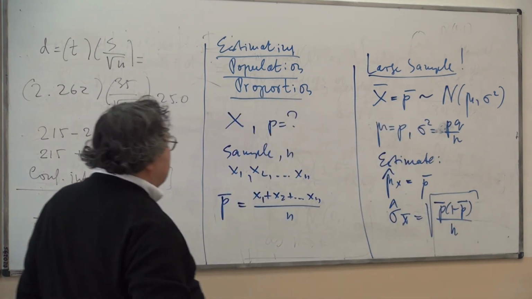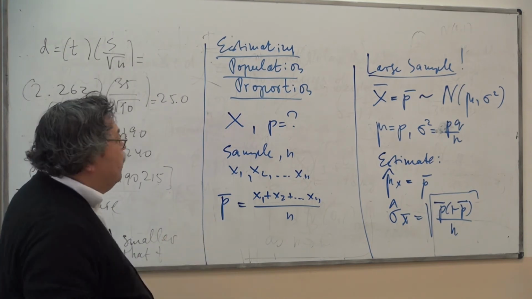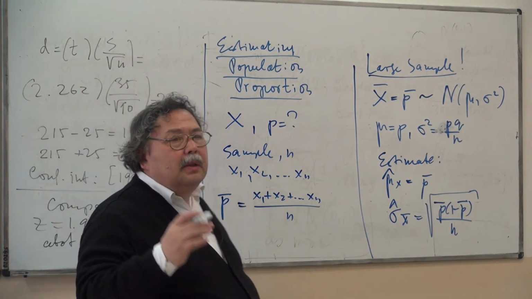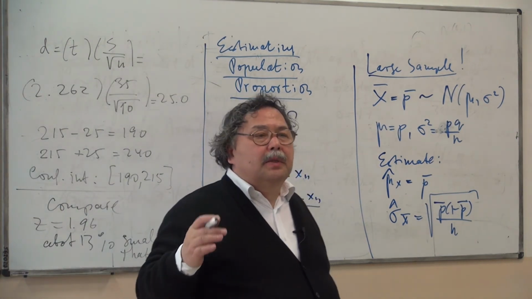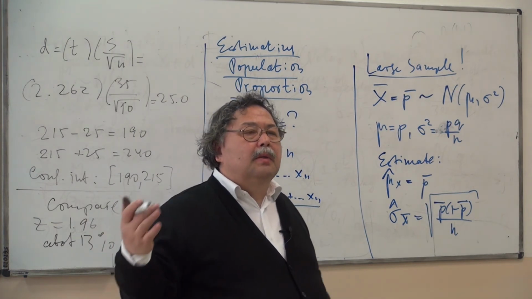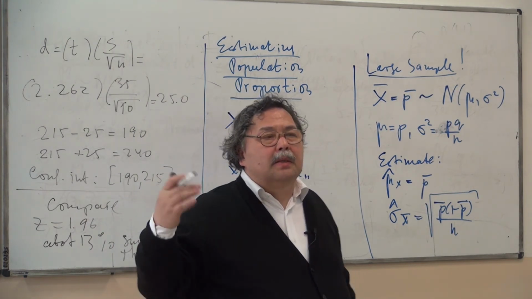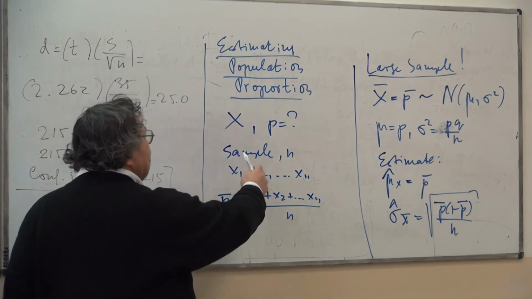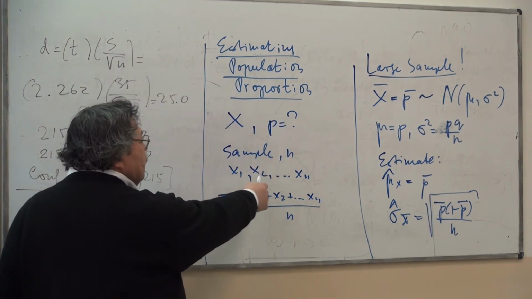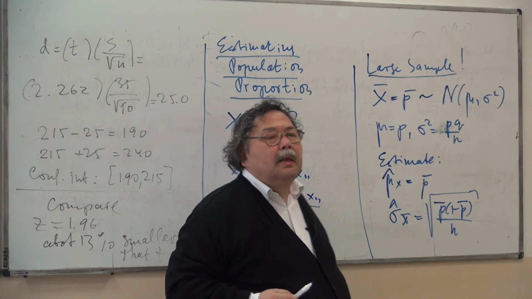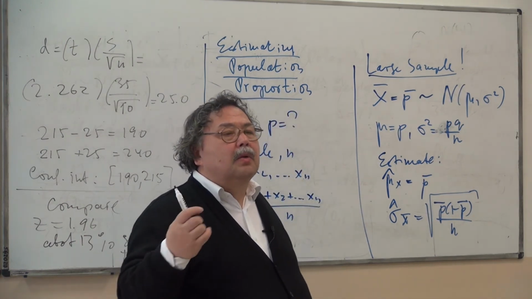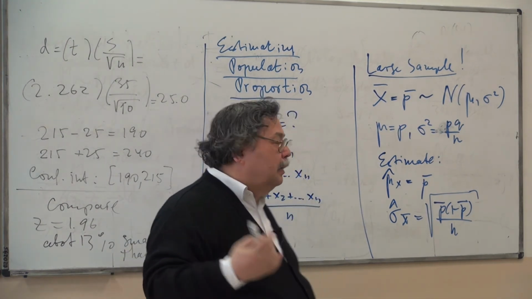Okay. So again, to sum up, we deal with the Bernoulli type variable, which results when we ask a question that admits only two answers, yes or no. We take a sample of size n. These are the sample data, a sequence of values, each of which is either 0 or 1.